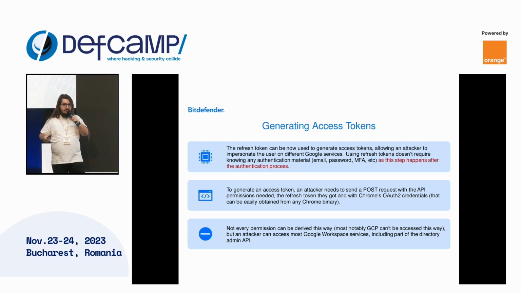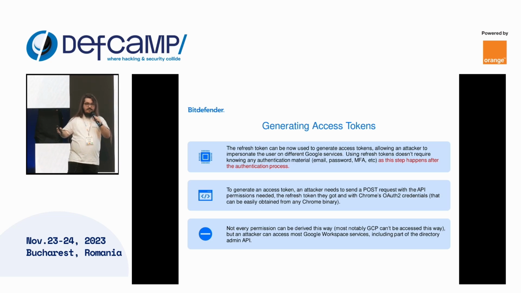So essentially, an attacker wouldn't need to know the password or anything regarding MFA to do this step. And it's pretty simple. An attacker would just need the refresh token, the email of the victim, and then the Chrome OAuth 2 credentials that are stored in a Chrome binary, which are pretty easy to obtain by anyone.